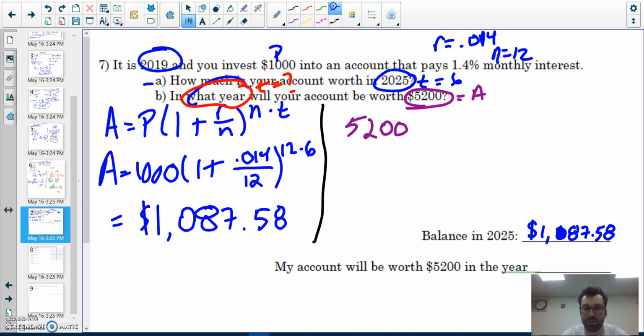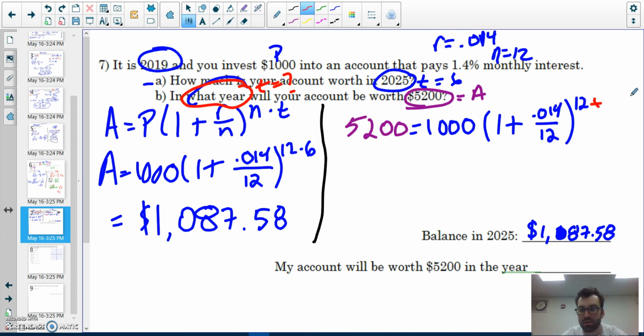I set 5,200 equal to 1,000, because that's still my initial investment, times (1 plus the rate, still 0.014, over N, which is still 12) to the power of 12 times T. T is just going to be T.